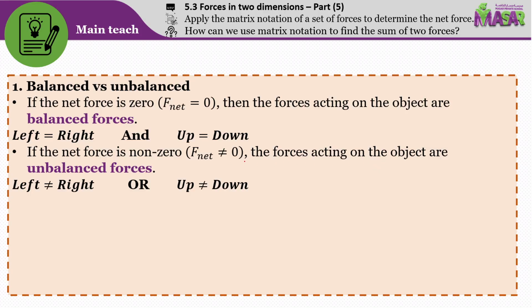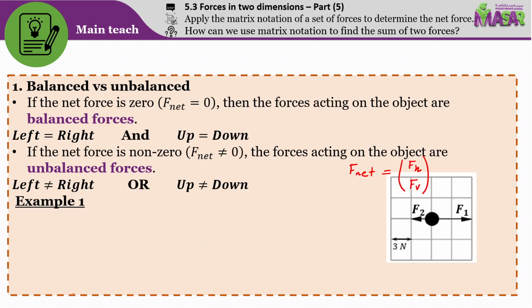In other words, in the matrix notation, we will find that the F net cannot be 0, so at least one of the components exists. And we know in the matrix notation, we write the F net as F horizontal and F vertical.